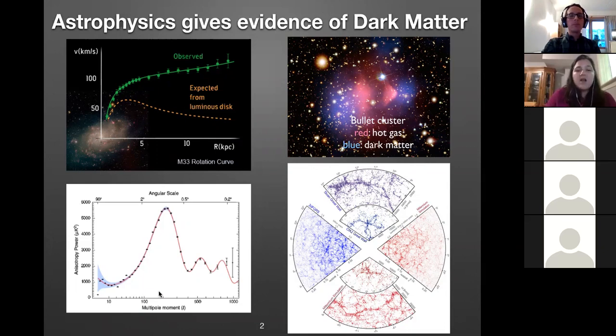And along the x-axis is this multipole moment that's a measure of angular distance on the sky of how points are correlated. So how big a different blob of correlated energy or temperature or initially density in the universe at the time the cosmic microwave background light disassociated from our normal matter.